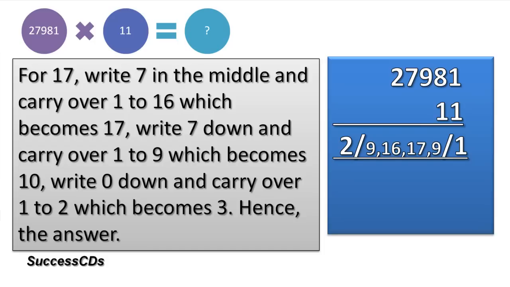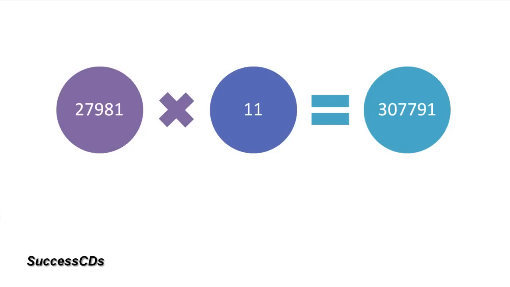And again from 10 we will write 0 down and we will carry over 1 to 2 which will become 3. So 27,981 multiplied by 11 is equal to 3,07,791. So here you can see how Vedic maths has helped you make it easier for you to calculate such a big number also.